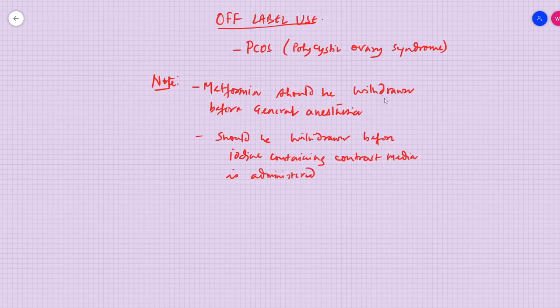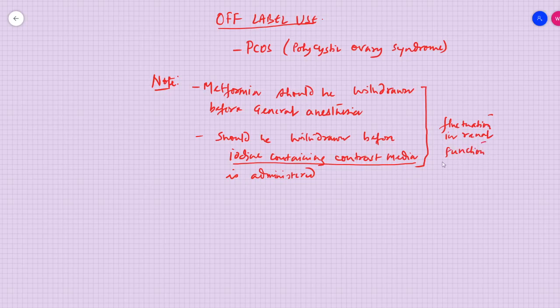Okay. So the question is why? The reason being that when a patient is under general anesthesia or is undergoing diagnostic procedures using iodine containing contrast media, then there can be fluctuation in renal function.